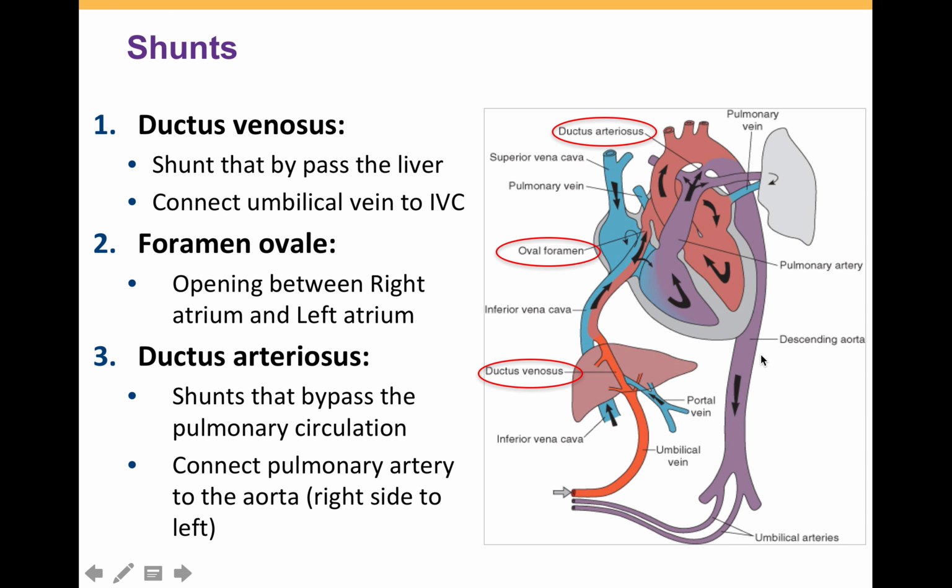So let's take a look at this picture, a closer view of the differences. One of the main differences, again, as I mentioned, is that you don't have functional lungs because you're in a fluid environment. So if blood is coming through the vena cavas, you see the superior vena cava and inferior vena cava, and they're coming into the right atrium, they're going to go to the bottom chamber, which is the right ventricle.